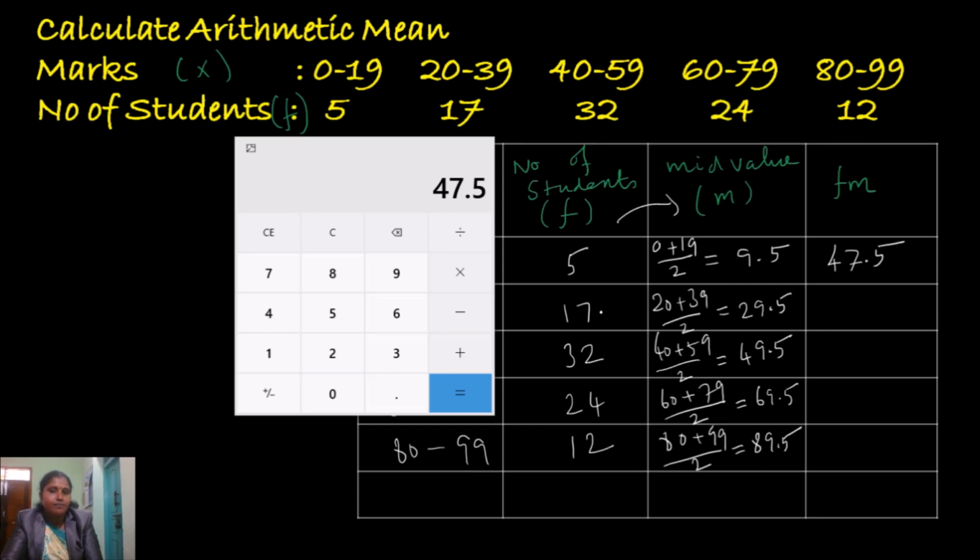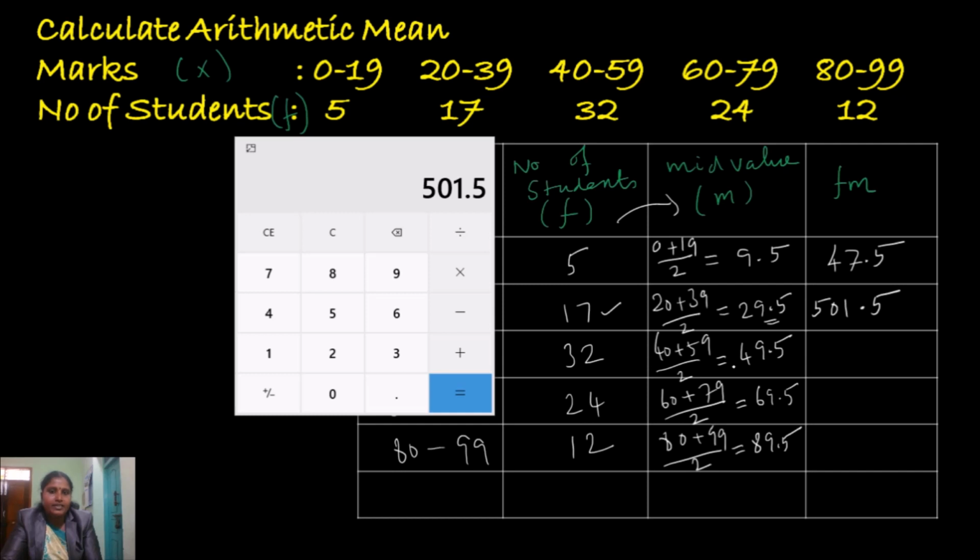Next, when we multiply 17 with 29.5, we have 501.5.